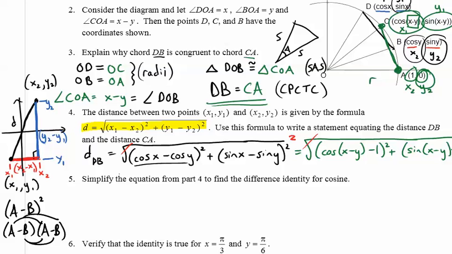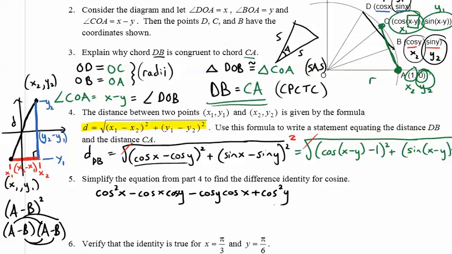So the firsts are cosine squared x. Outside is cos x times negative cos y. Insides is negative cos y times cos x. And last is negative cos y times negative cos y.